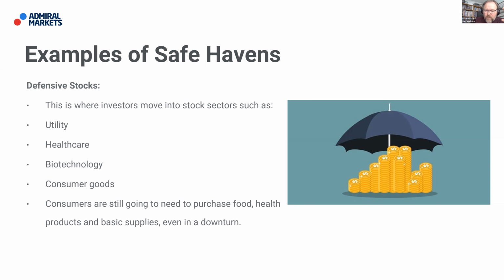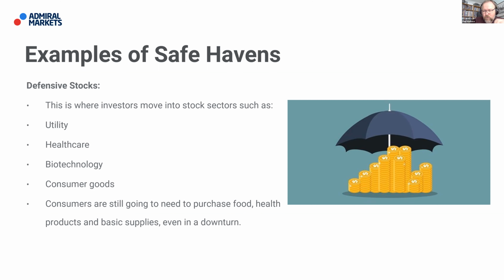So even during really tumultuous times, human beings still want access to food, health products, and basic supplies. Basic supplies could be anything from your gas to your electricity, and these days might even include access to the internet. So these are defensive stocks.